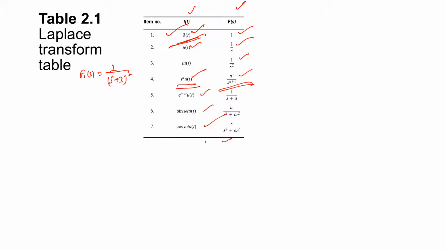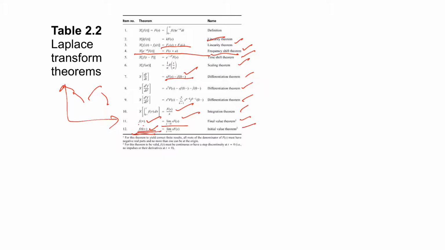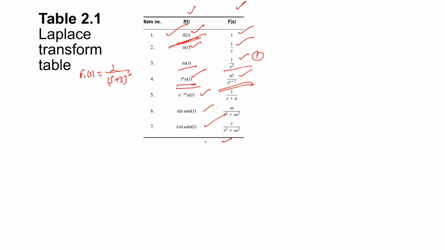Now in this case we have to use two things. One is that the inverse Laplace transform of 1 by s square is t u(t), and second, we have to use the frequency shift theorem to find the value of this.